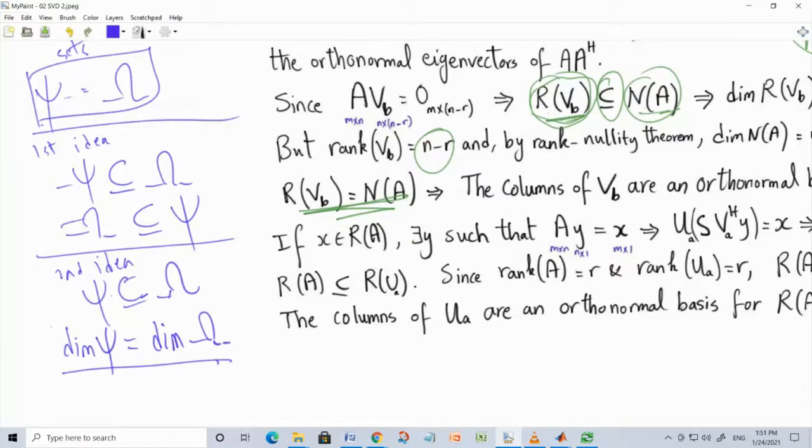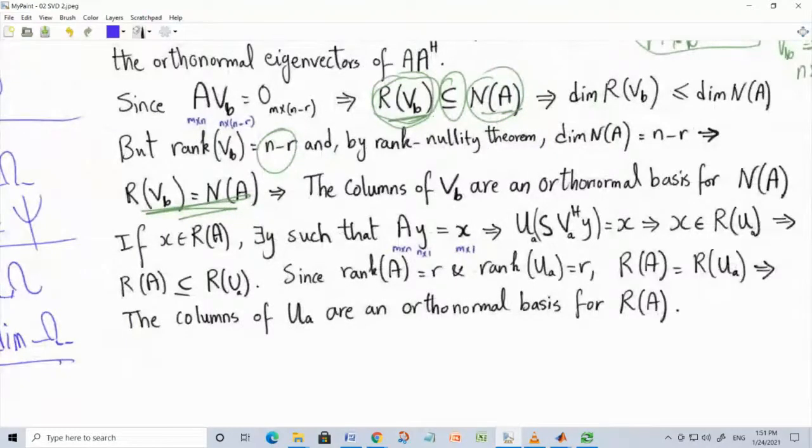Basically I'm using this second idea here. I argued that this is a subset of that, and then I examined the dimension. Here the dimension is n minus r, and here it's n minus r, so these two are the same. And so the columns of VB are an orthonormal basis for the null space of A. So if you have a matrix A, and you are interested in obtaining a basis for its null space, then what you are hunting for are the columns of VB.